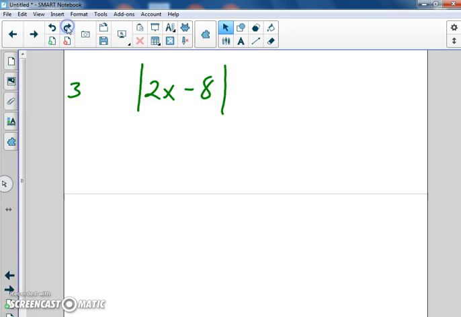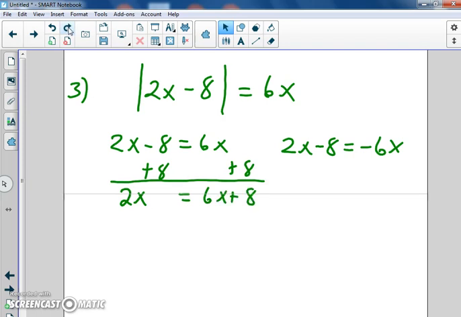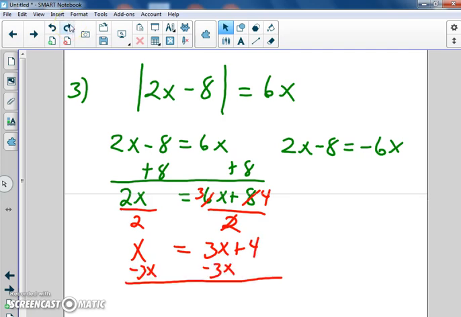Question number 3. Is the absolute value by itself? Yes. Drop the bars and write it twice. Now, solve for x. So add 8 to both sides. Divide both sides by 2. X equals 3x plus 4.